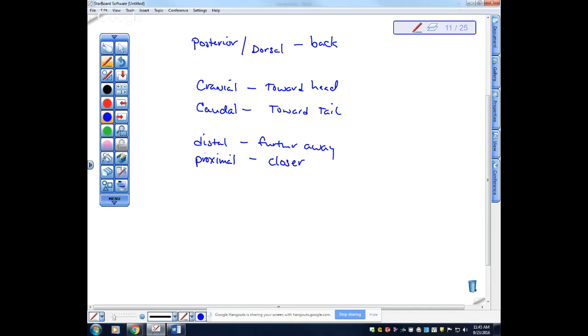Distal and proximal. We have superior, which is above, and inferior, which is below. So these are all words that we're going to have lots of practice using.